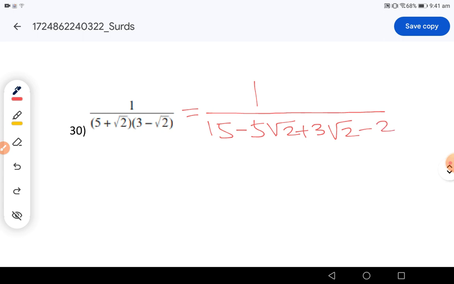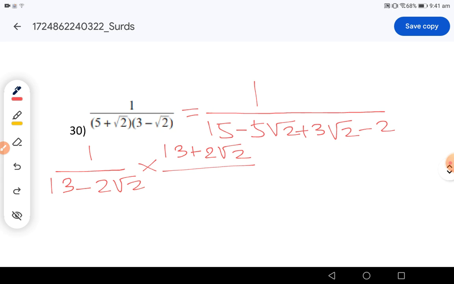So 1 by 15 minus 2, 13, and minus 5 plus 3 is minus 2. So minus 2 root 2. Now rationalize. 13 plus 2 root 2 by 13 plus 2 root 2.